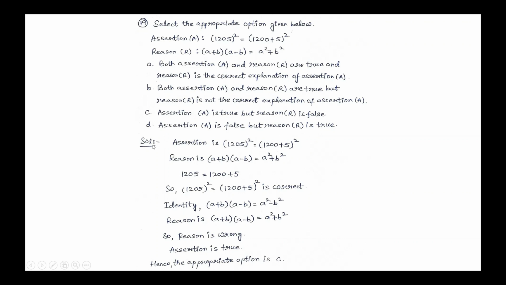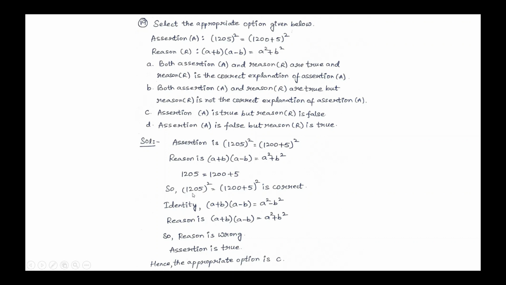The solution is, the given assertion is 1205² is equal to (1200 + 5)². And the given reason is (a + b)(a − b) is equal to a² + b². We know that 1205 can be expanded to 1200 + 5. So 1205 is equal to 1200 + 5.